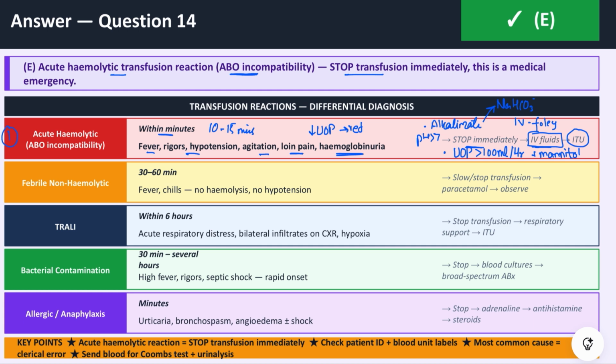This alkalinization of the urine will prevent the hemoglobin crystals from laying down and resulting in more and more kidney damage.